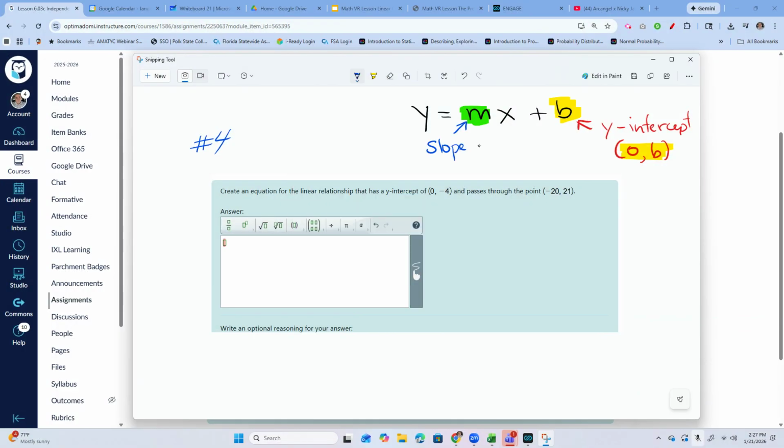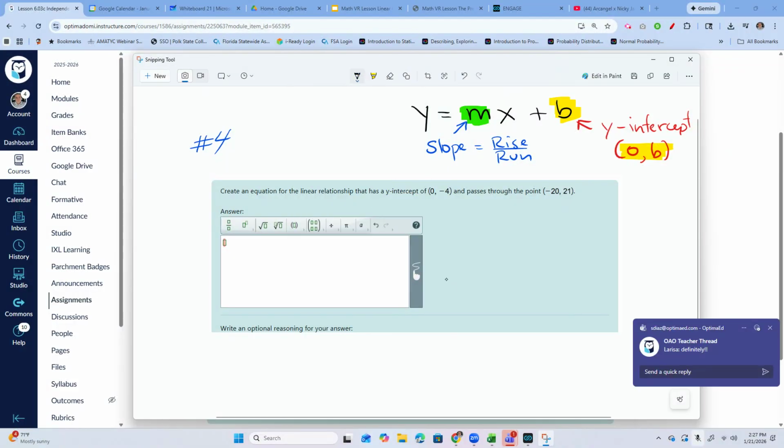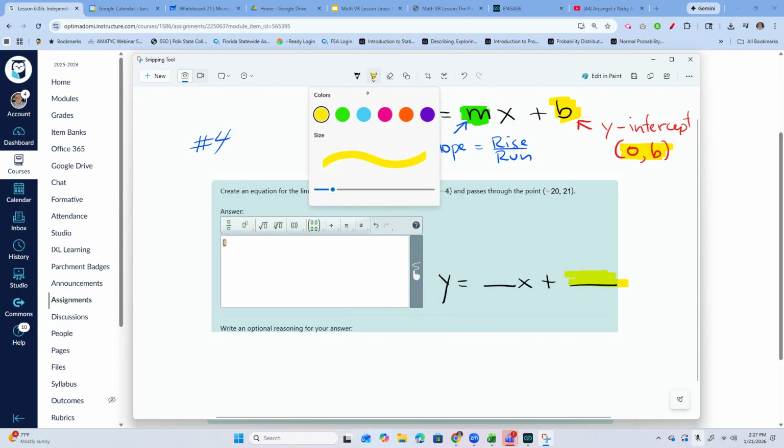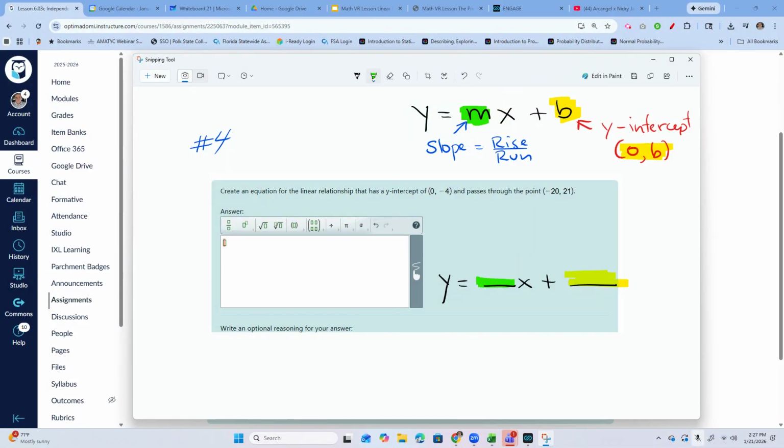And remember, slope is rise over run. Okay? So what I'm going to do, I'm going to find b first. Now remember, my final answer is going to look like this. Y equal blank x plus blank. Okay? Remember, the blank space highlighted in yellow is my b. The blank space highlighted in green is my m.